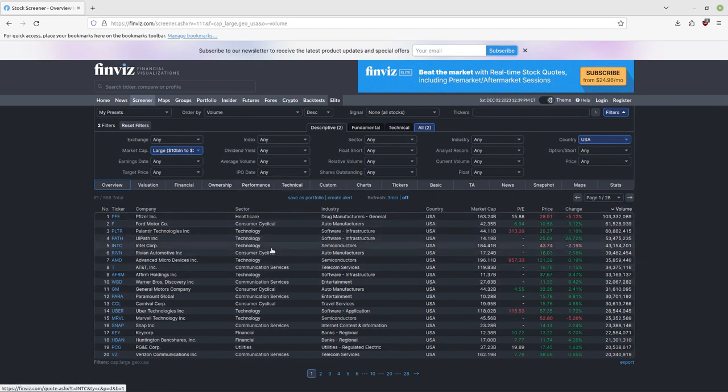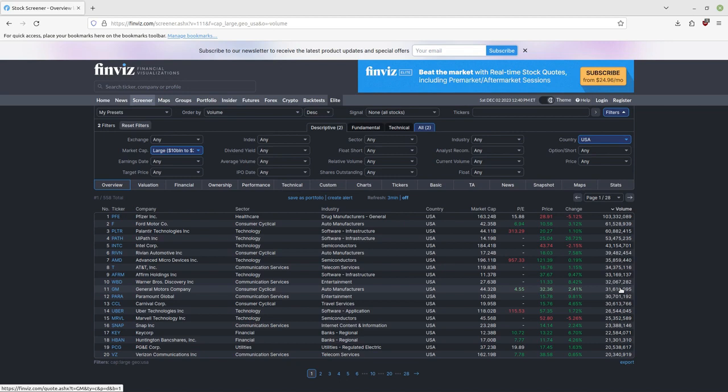Now, can you trade lower market cap stocks? Yeah, you sure can. The key that you're wanting to look for there is consistent volume. A lot of lower cap stocks, micro cap stocks, they don't have a ton of day-to-day volume. They'll have huge volume spikes anytime there's an earnings report or some sort of news, but then the volume dries up.